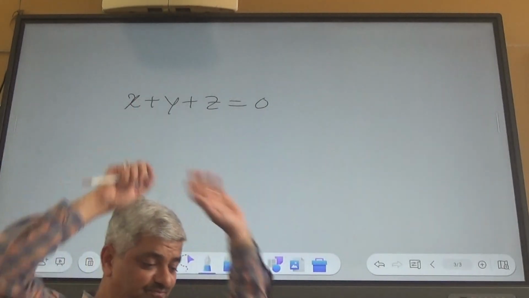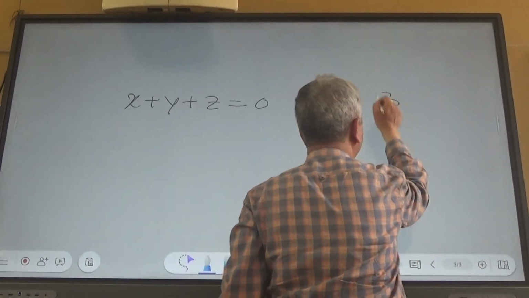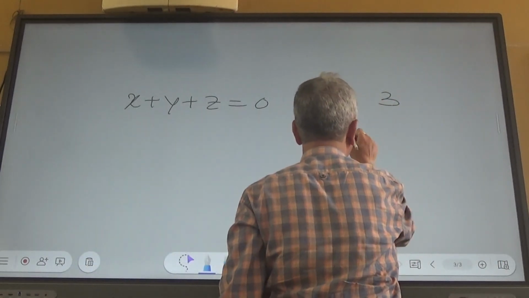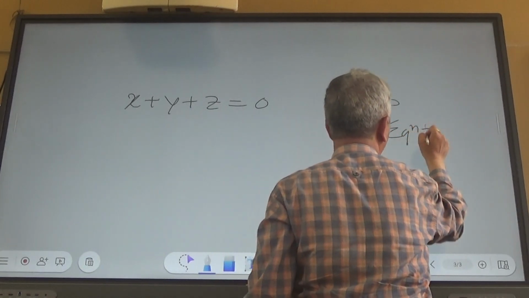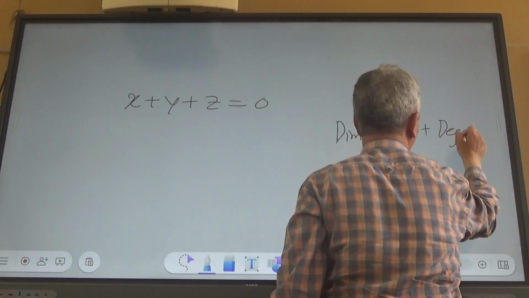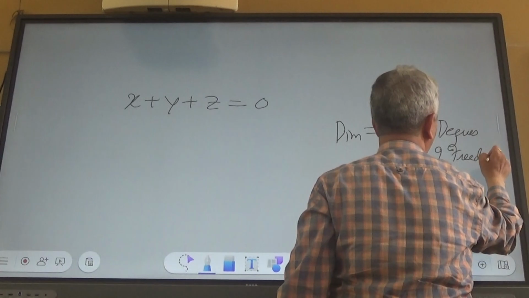So dimensions 3, dimension equals equations plus degrees of freedom. What do you mean by degrees of freedom?